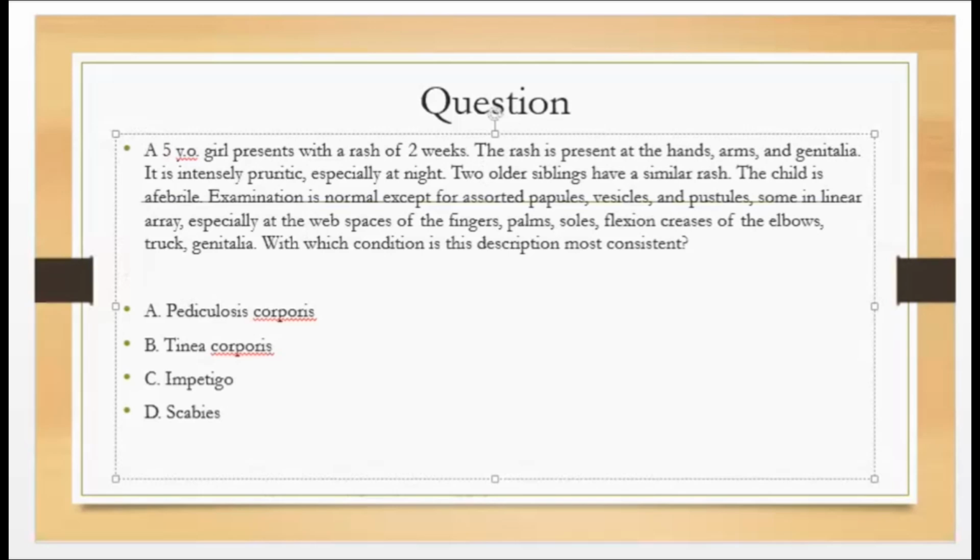So how do we know scabies? Scabies is intensely, don't forget this word, intense. Scabies is so itchy. It's very, very itchy. Okay? And we can also use the words interdigits, interphalanges, okay?